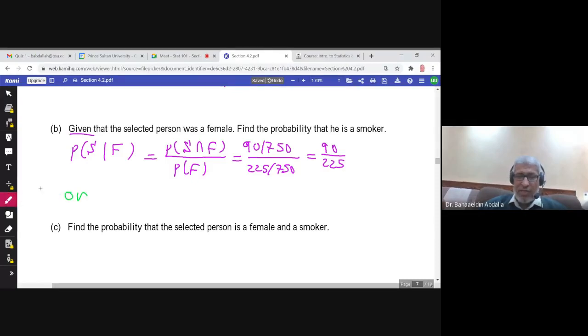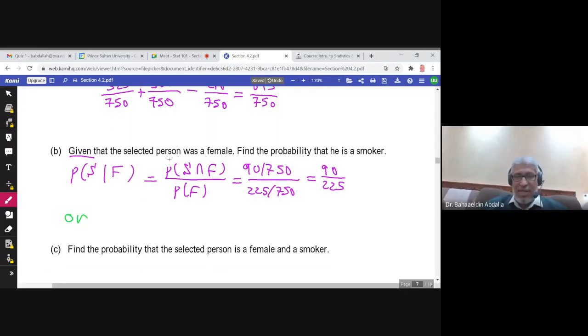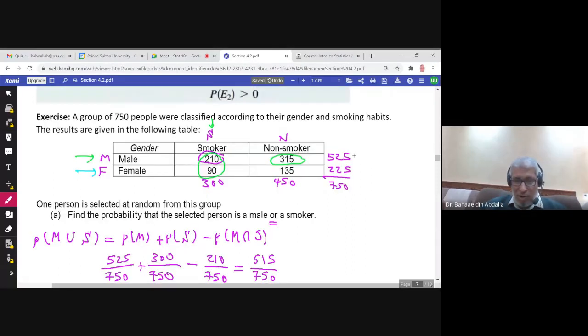How do we do that? Given that female means you concentrate on females. You only look here at the females, okay? So I have 90, 135. And then what is the probability that she is a smoker? So you look at the smokers.